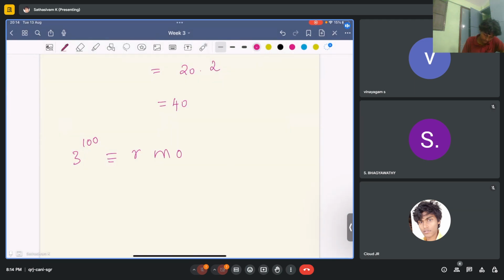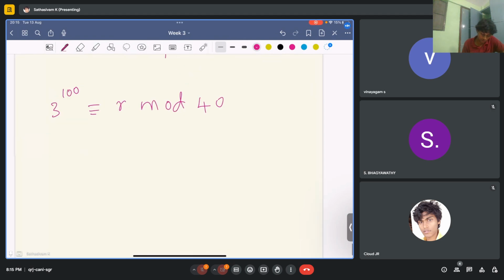So what we got is this mod 40. So this much we have, but still we are nowhere close to find it. 3 power 100 is still hard to compute.